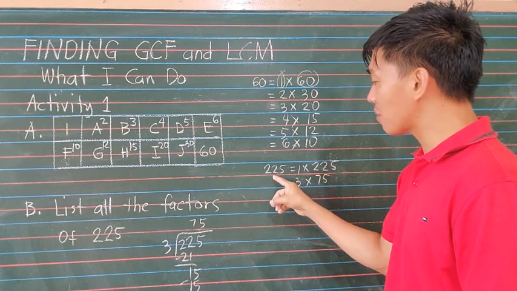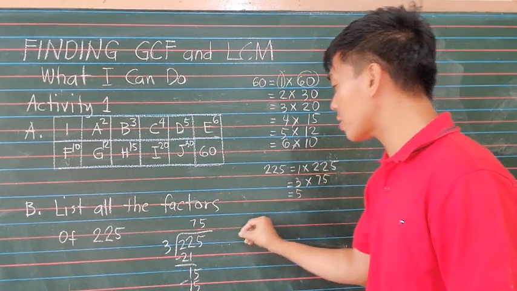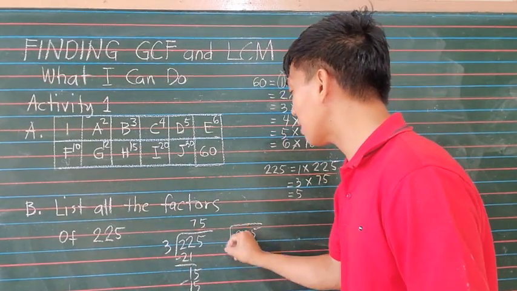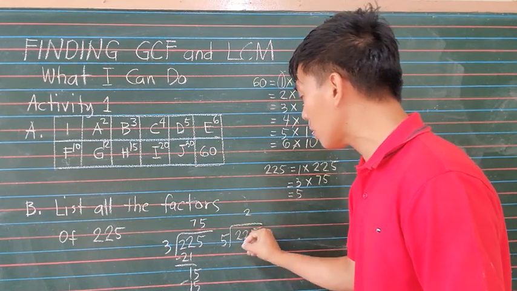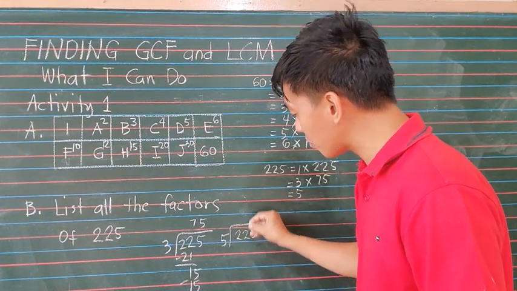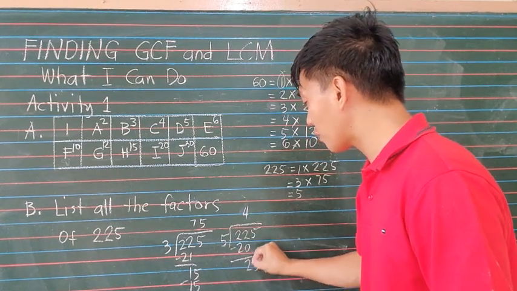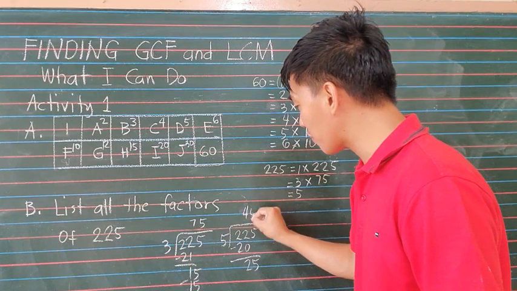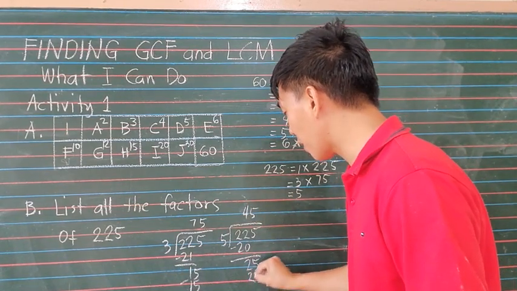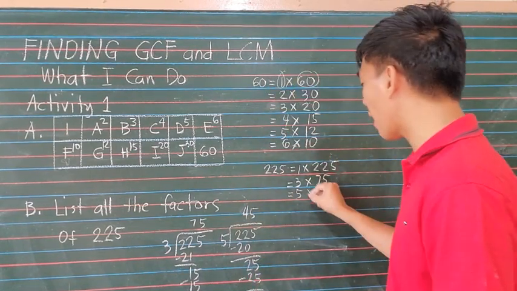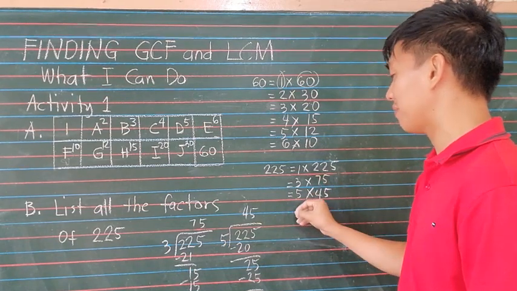Now that's not divisible by 4, but by 5 for sure. So 225 divided by 5, that is equal to 4, that's 20, then bring down 5, that's 25, 0. So that is 5 times 45.